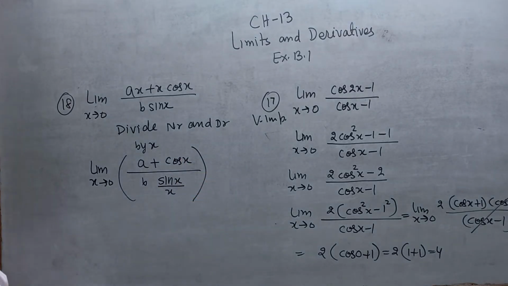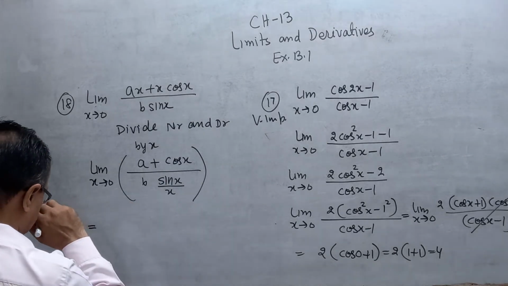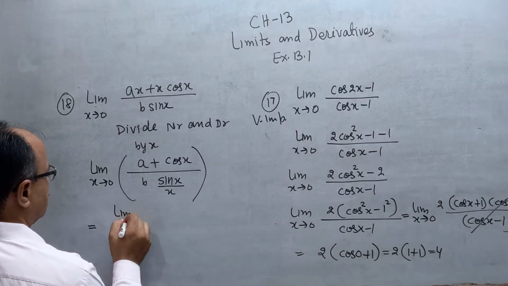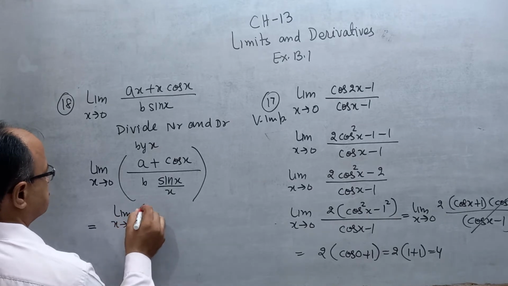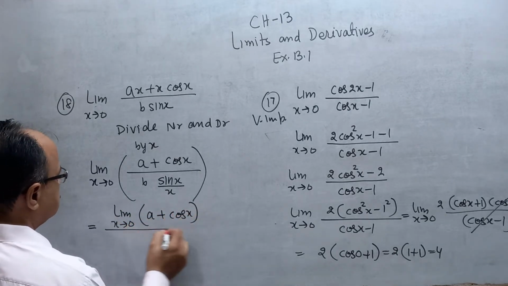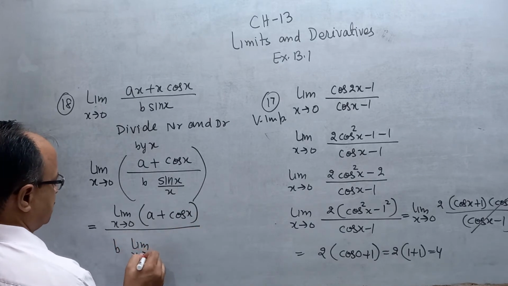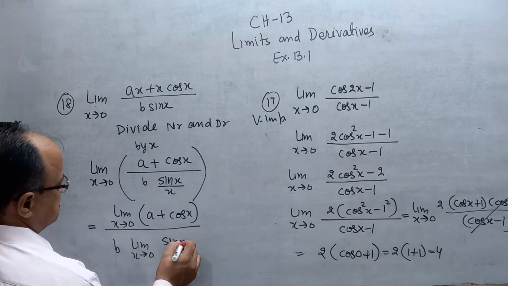Now you can say (a plus cos x) upon b times limit x approaches 0 of sin x by x.